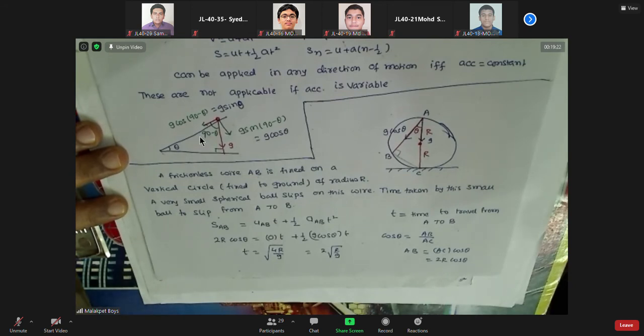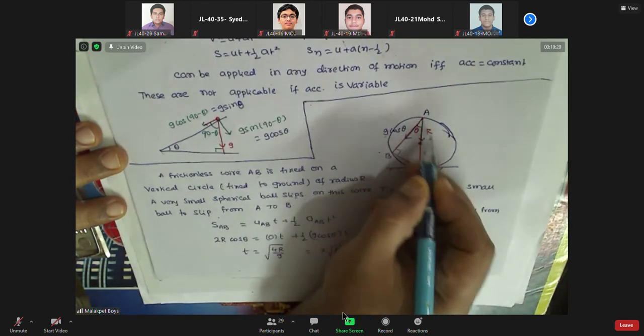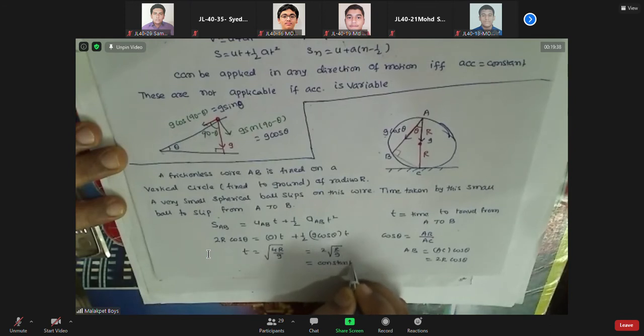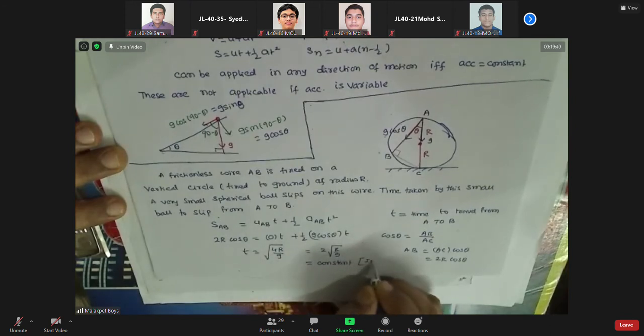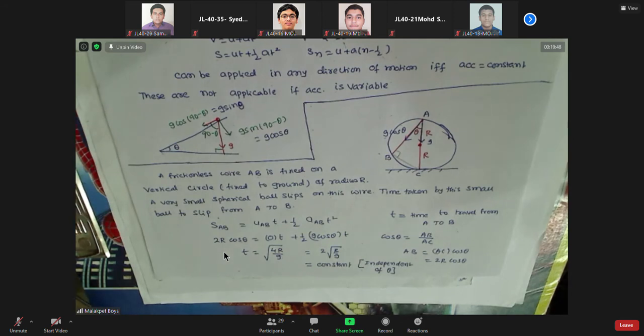Understood this? See, theta may be any value, but this is always constant, no? Constant means independent of theta. Follow this?